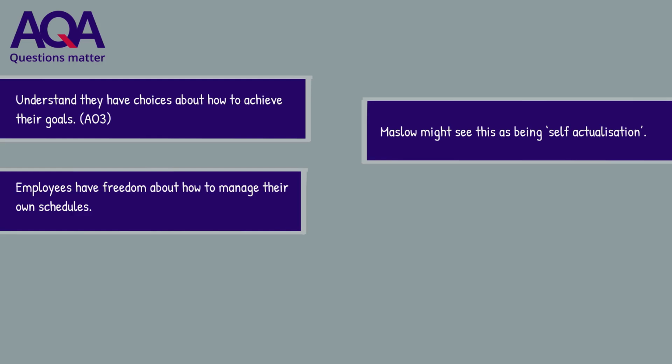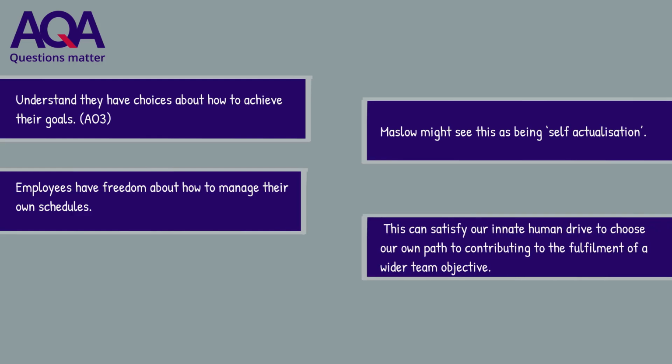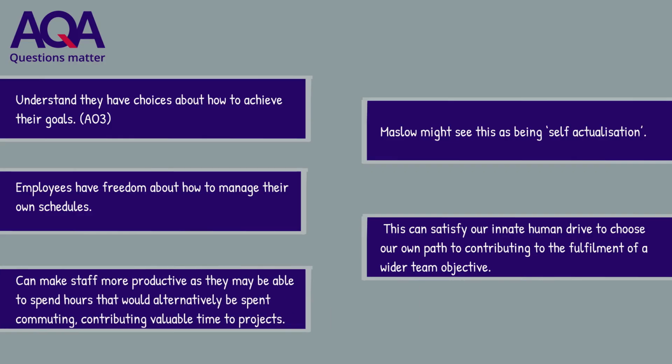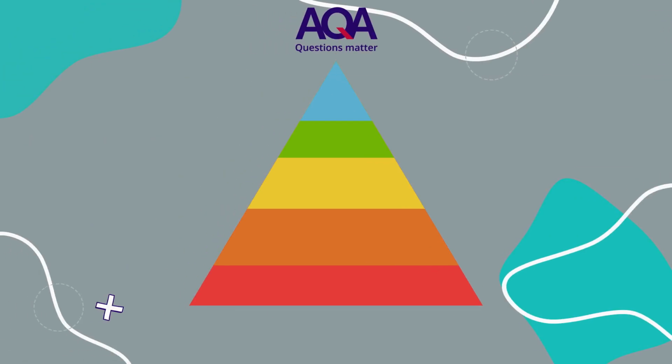This method of motivation can satisfy our innate human drive to choose our own path to contributing to the fulfillment of a wider team objective, which can make staff more productive, as they may be able to spend hours that would alternatively be spent commuting, contributing valuable time to projects. The addition of some analysis of Maslow's hierarchy really does help it to be well developed.